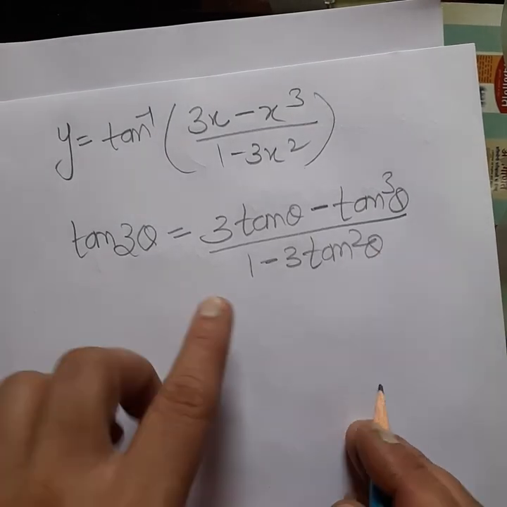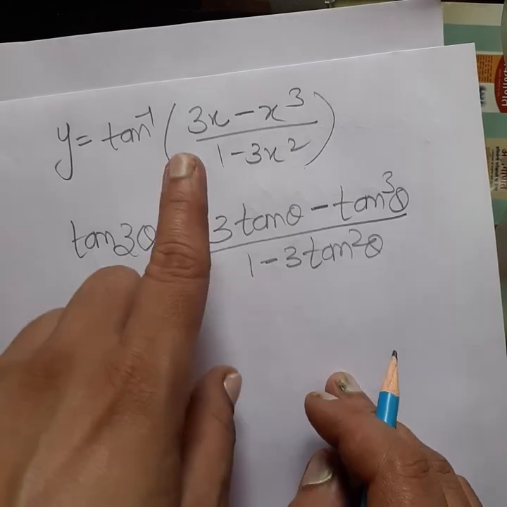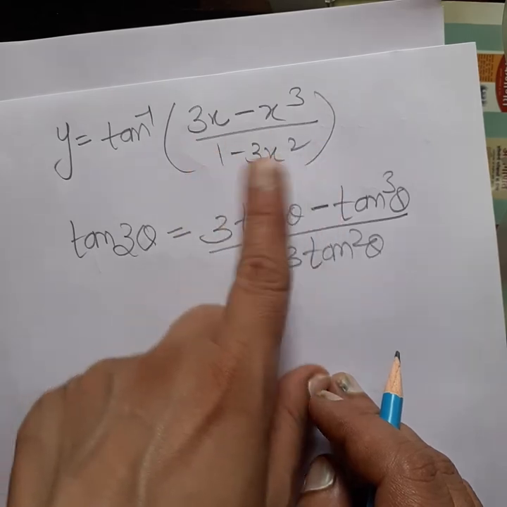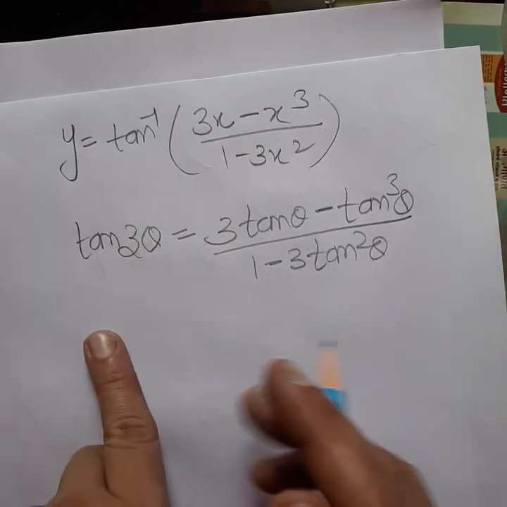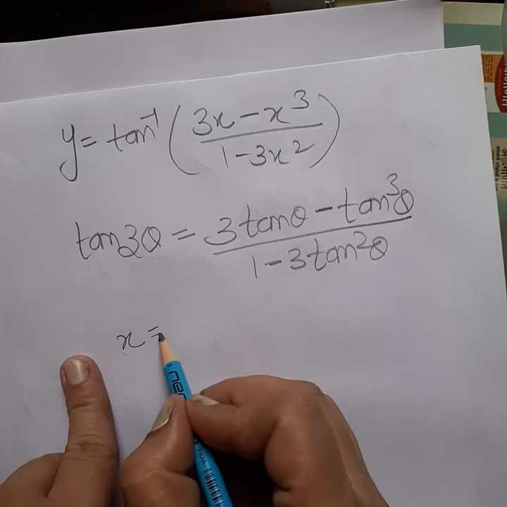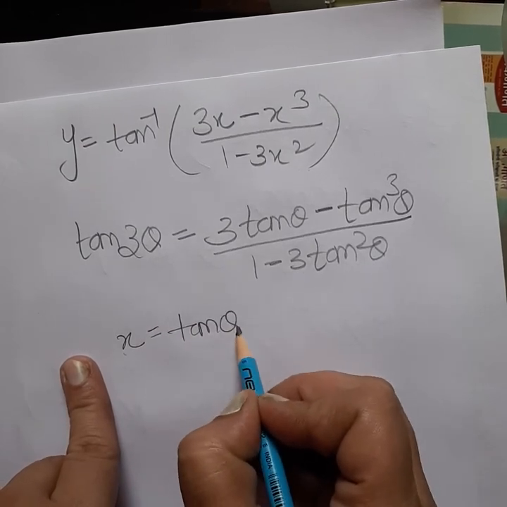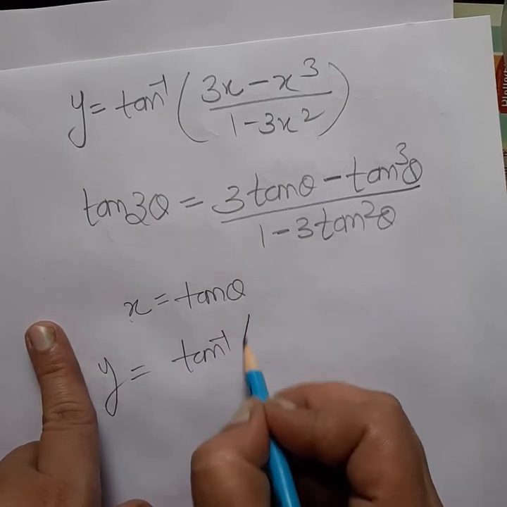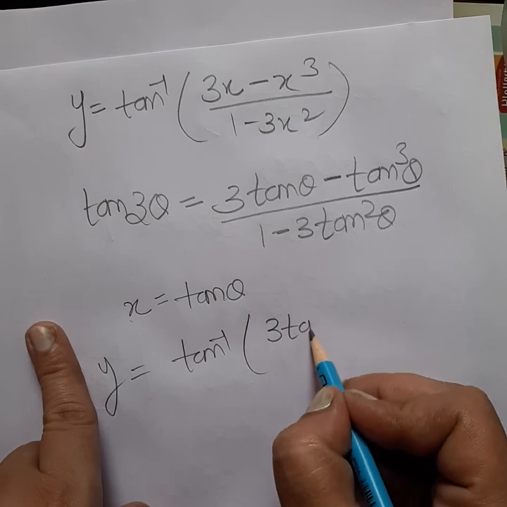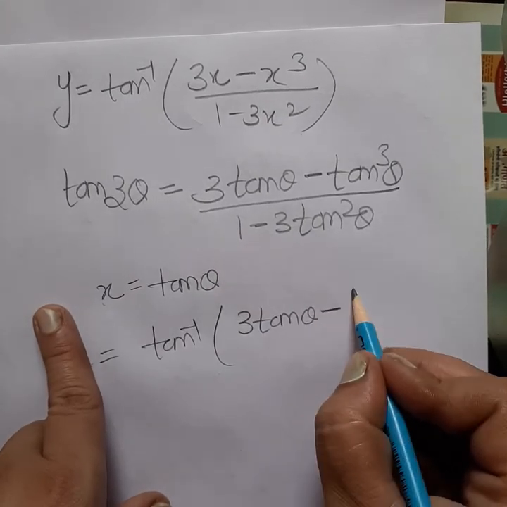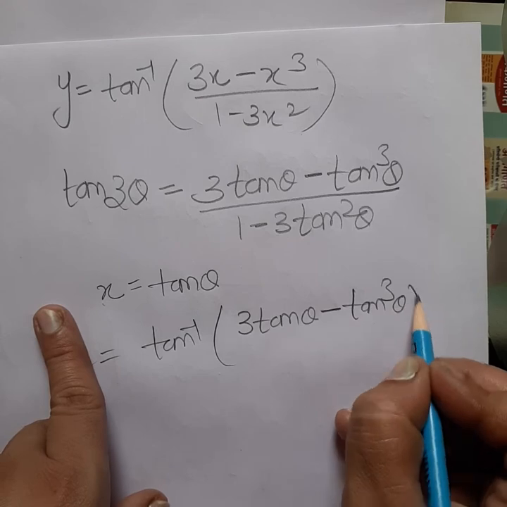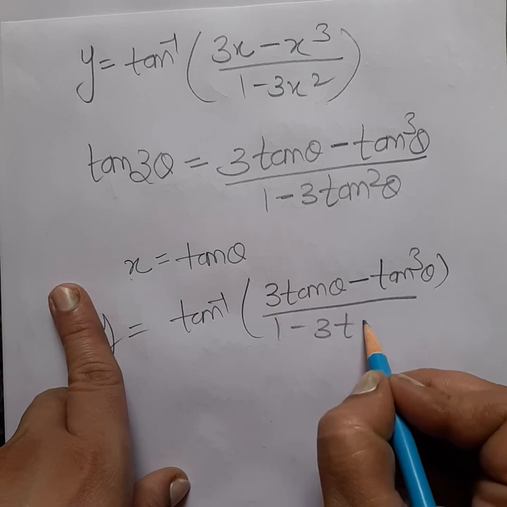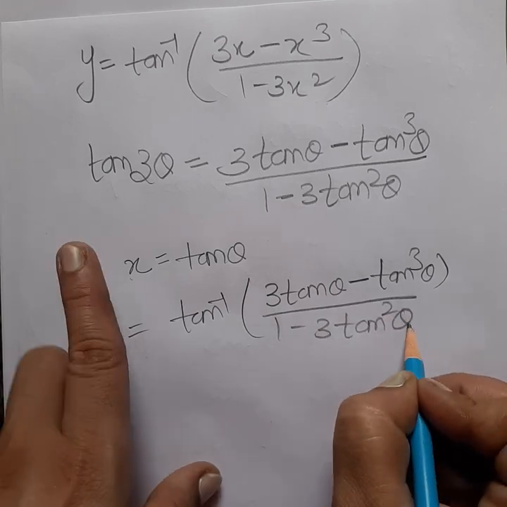Okay, now we take an idea that if we place x is equal to tan theta in our question, then within the brackets you get tan 3 theta. So we put x is equal to tan theta, and you write y is equal to tan inverse of 3 tan theta minus tan cube theta upon 1 minus 3 tan square theta.